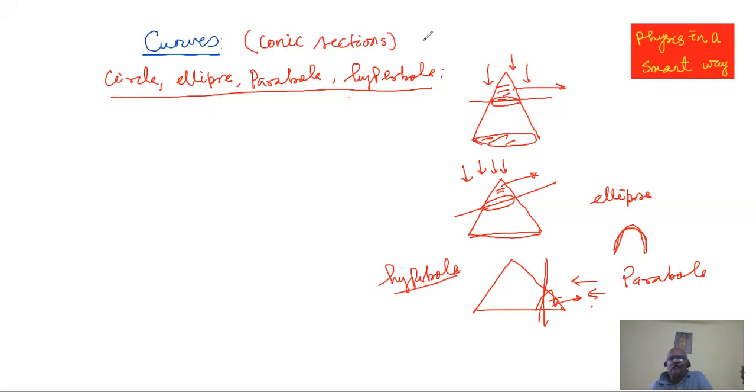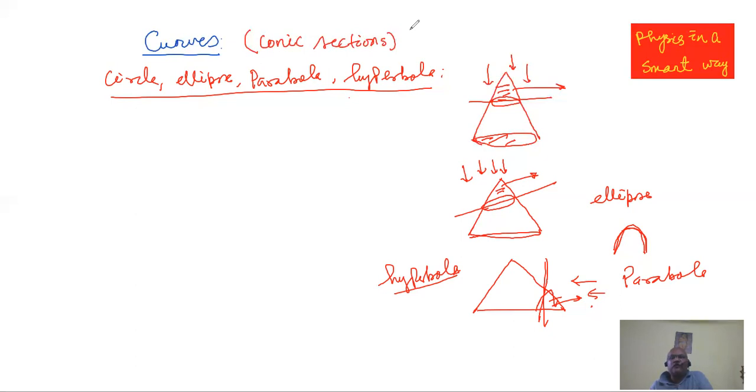I'll try to attach some funny stories that will help convince you in a slightly better way. But our main objective is to become acquainted with their equations only. If we see a typical equation, how to recognize whether it's a circle, an ellipse, a parabola, or a hyperbola, that's all. We need to move through it quickly.